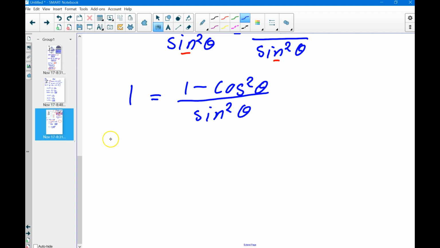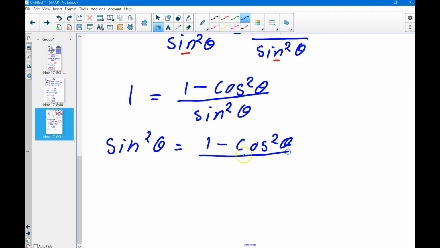So it's sine squared over this side. Sine squared times 1 gives me sine squared theta. On this side, I have 1 minus cosine squared theta over sine squared, multiplied by sine squared. This should be starting to look something recognizable now. Sine squared theta will cancel sine squared theta.